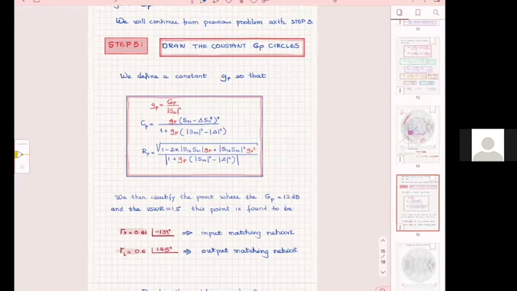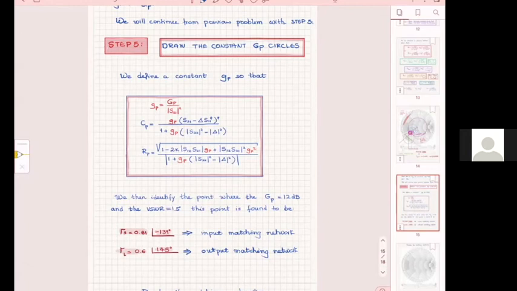This formula here gives you only one set of circles, which is more convenient, and is for G sub P. So as we did with the G sub S and G sub L circles, we define this small g sub P here, which is the ratio of G sub P to S21 complex conjugate.